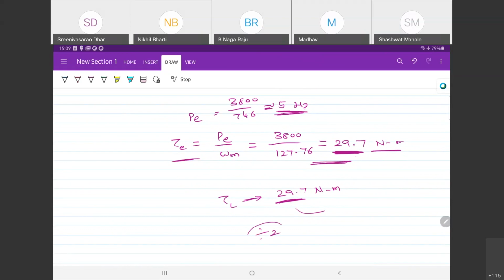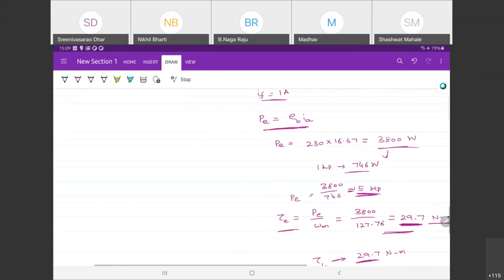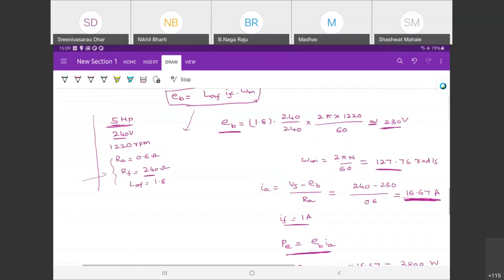If we divide this by 2, the machine will operate at off load. Clear?